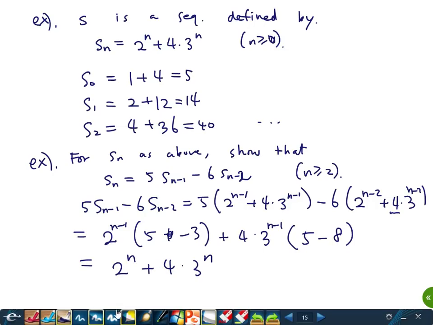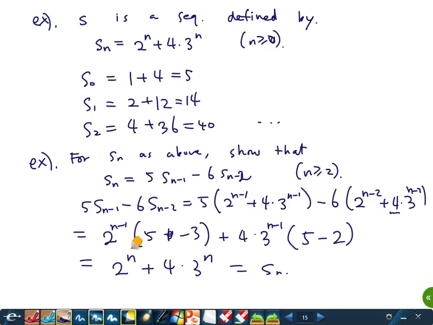It should be plus here, and it is S_n. Sorry about that. Can you find the mistake here that I made? Here, 2. Oh yeah, that's right. Thank you. This must be 2, right? So, plus.